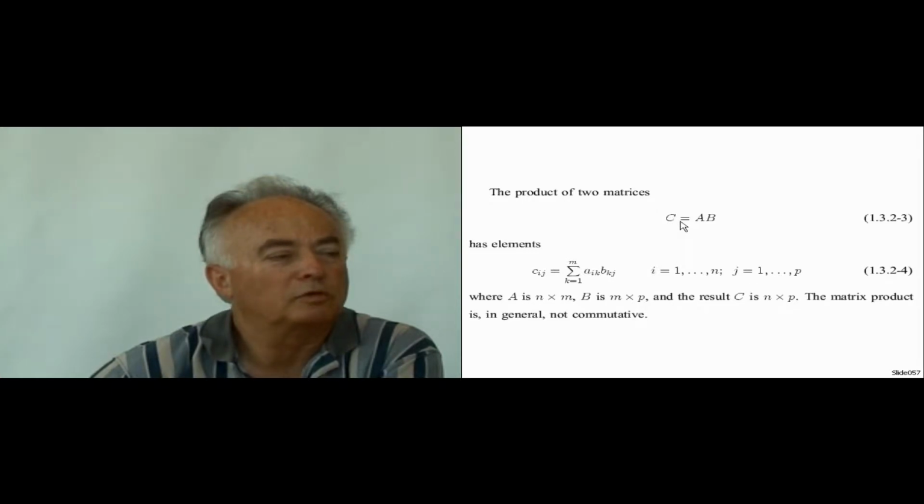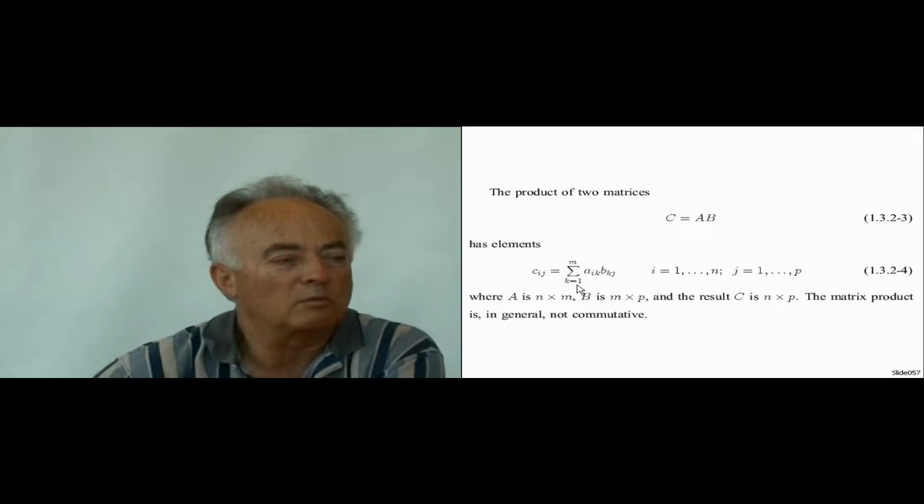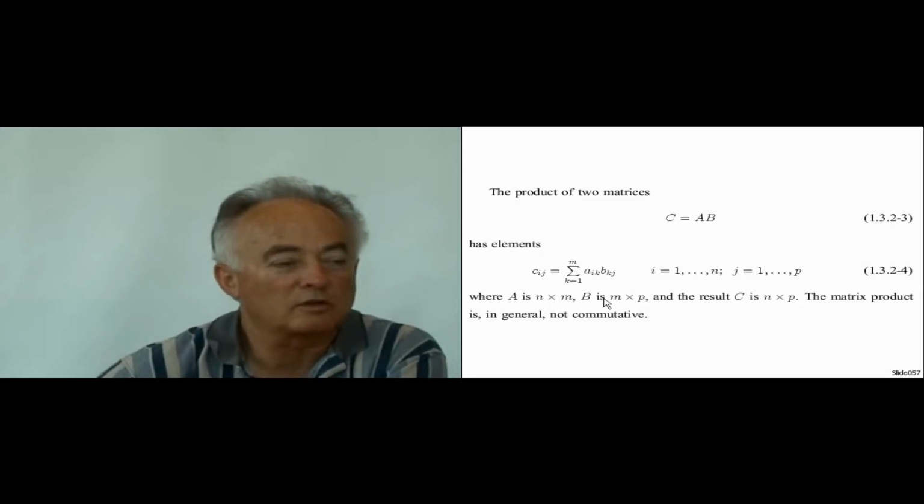The product of two matrices, A and B, that's C equals AB, will have elements Cij given by the sum of Aik Bkj, k going from 1 to m, where obviously n is the first dimension of A, m is its second dimension, and is the same as the first dimension of B. So A is n by m, B is m by p, and the result C is an n by p matrix.